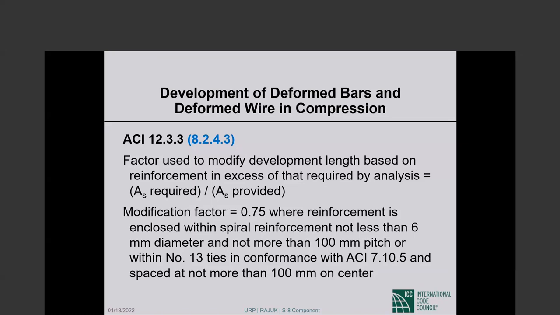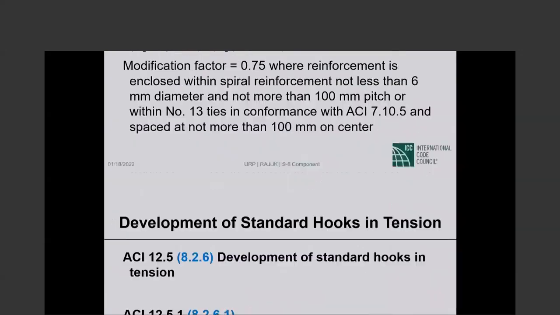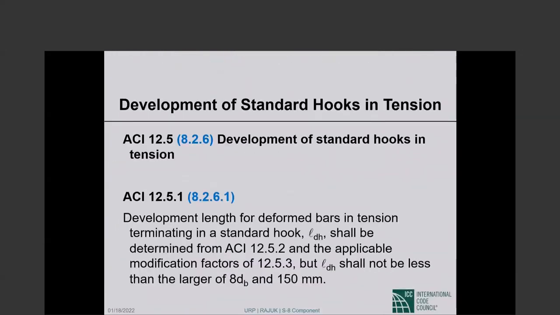So number 13 or larger diameter bars, ties rather, at no more than 100 millimeters on center. So if you have confinement of one kind or another, you have a modification factor of 0.75, your required compression development length goes down. Okay. So required development length in tension, required development length in compression.